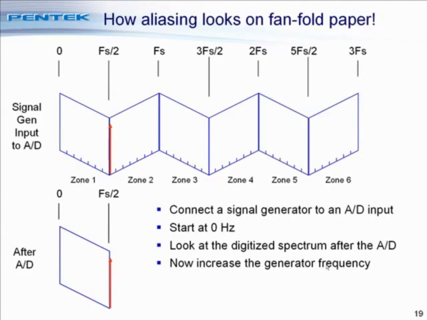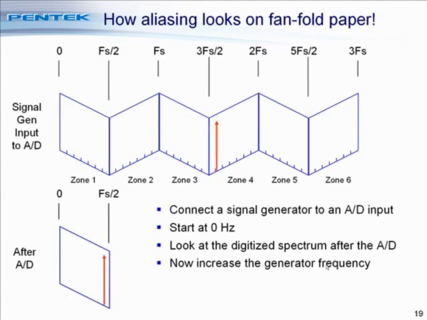But now, as we move through zone 2 in our frequencies, we turn the generator up higher, what happens is the resulting folded image actually moves back to 0. So a signal coming in at fs looks, after the A to D converter, like it's at 0. As we go higher in frequency, up to 3 fs over 2, the resulting image goes from 0 to plus fs over 2.